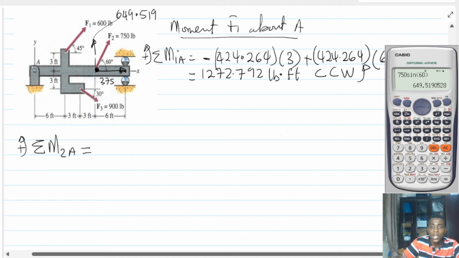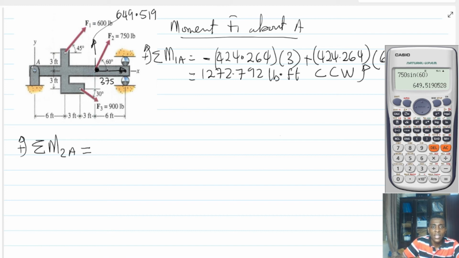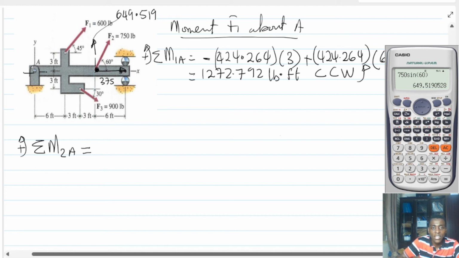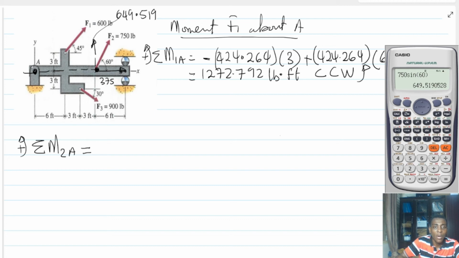Okay, so that is it. It means that if I want to find a moment about, so for instance, the horizontal force, the line of action actually will pass through the point. Can you see that? Therefore, the moment of this 375 about the point A is 0.